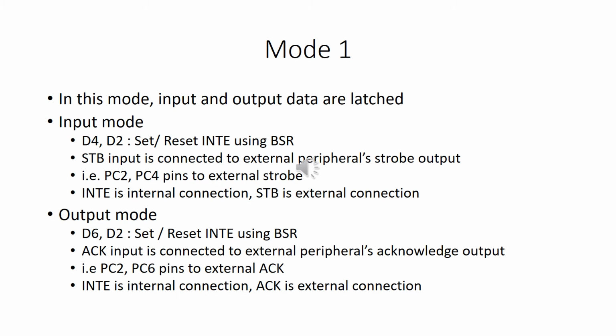So this acknowledge signal is connected to PC2, PC6 of 8255, acknowledge from the peripheral device. Remember that the ACK signal is not present in 8255, it is present in the peripheral device. Similarly, the case is with INTE also.